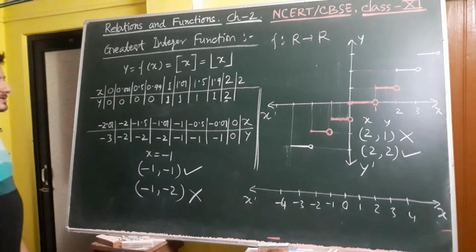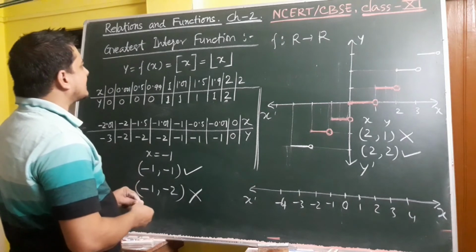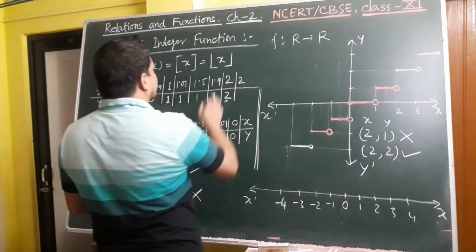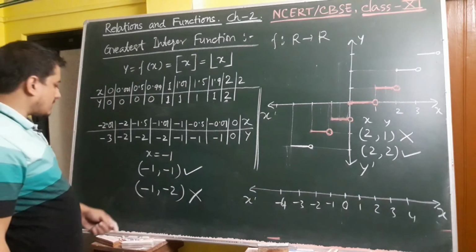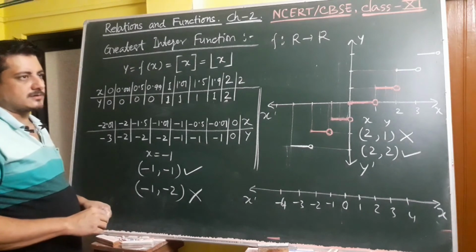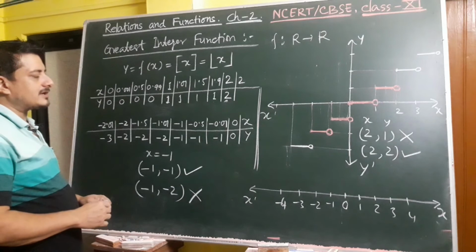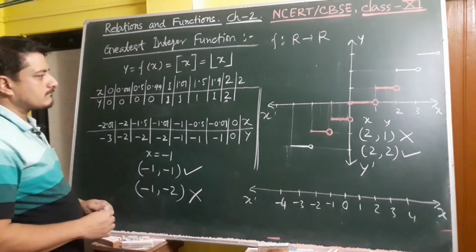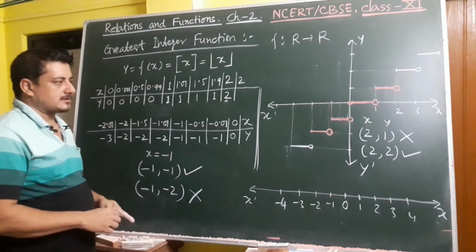Greatest integer function is also called the floor function. I will come to this. There is one more function called the smallest integer function, which is just complementary to the greatest integer function.